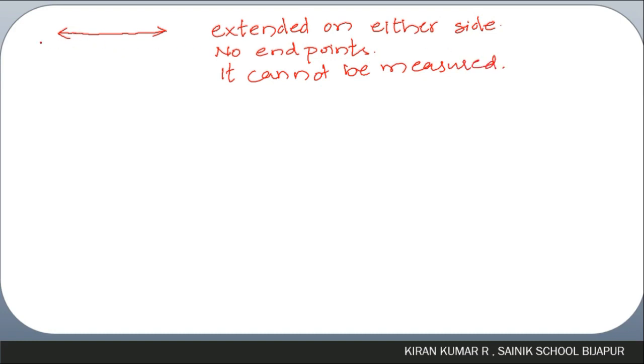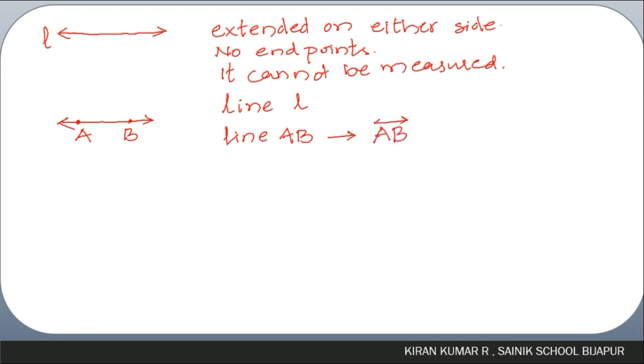If I mention a letter here, you will read this as line L. The other way to represent it is, on the line we will mark 2 points and we read it as line AB, and it is represented as AB with a small symbol over it to represent the line.